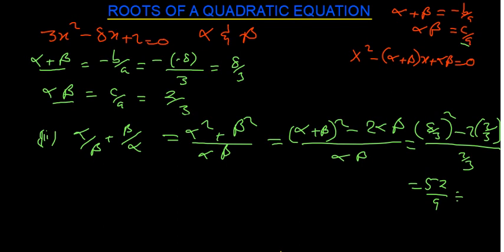And then we are dividing by 2 over 3, which we can also write as 52 over 9 multiplied by 3 over 2. So 2 into 52 goes 26 times, and 3 into 9 goes 3 times. So this is 26 over 3, the value.